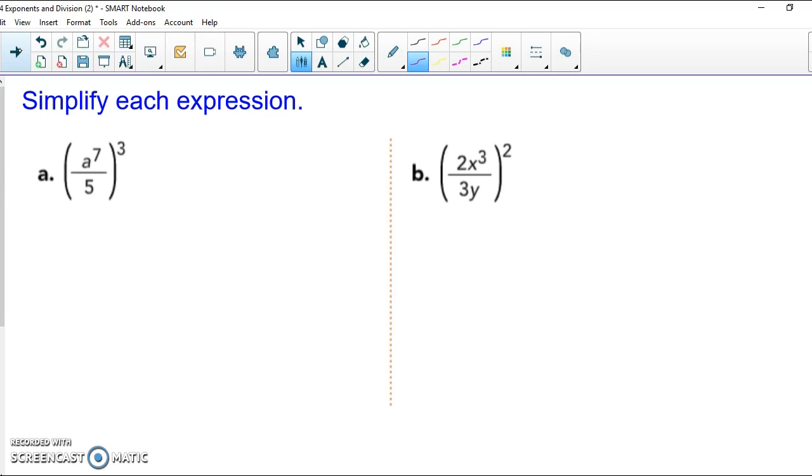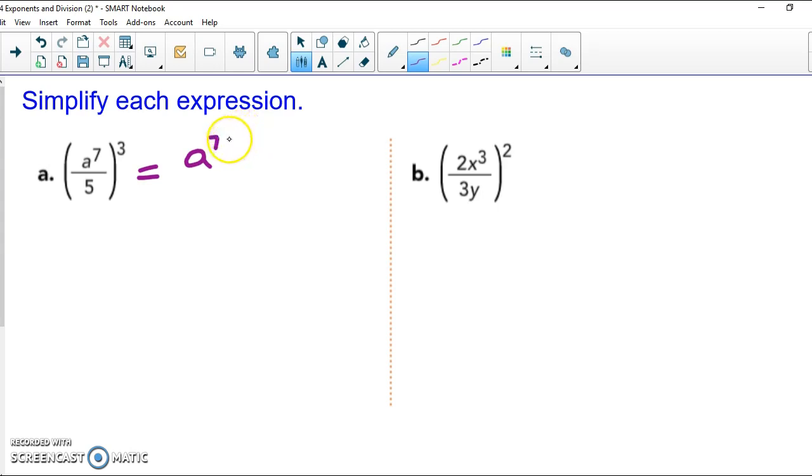This time I have a fraction in parentheses, but I already have an exponent, so I'm going to have to remember my rules for power of a power, because I'm going to take my numerator to the 3rd power. So that is a to the 7th raised to the 3rd power.